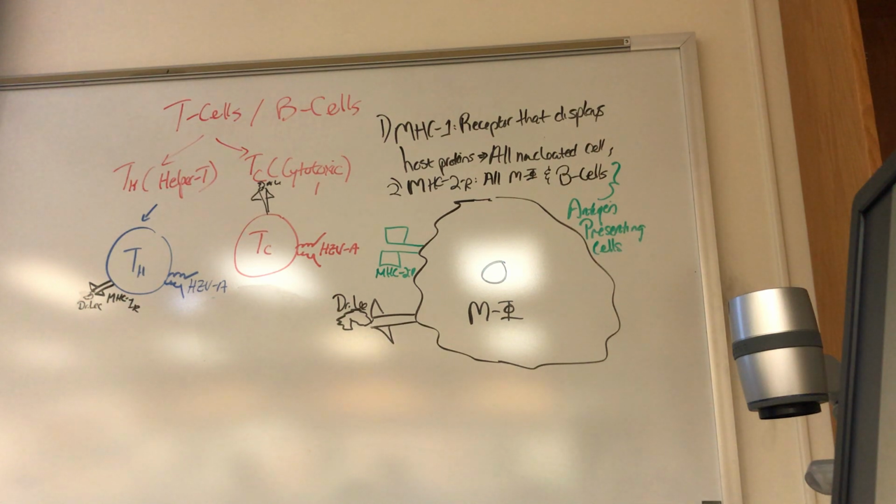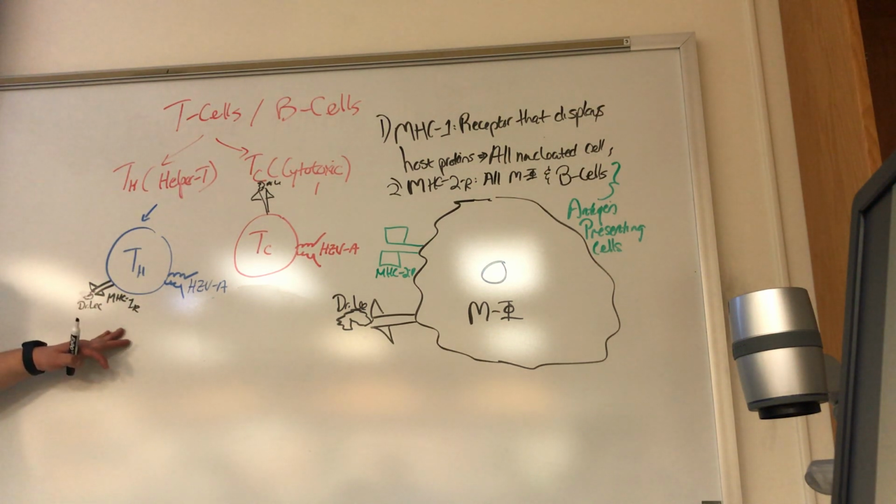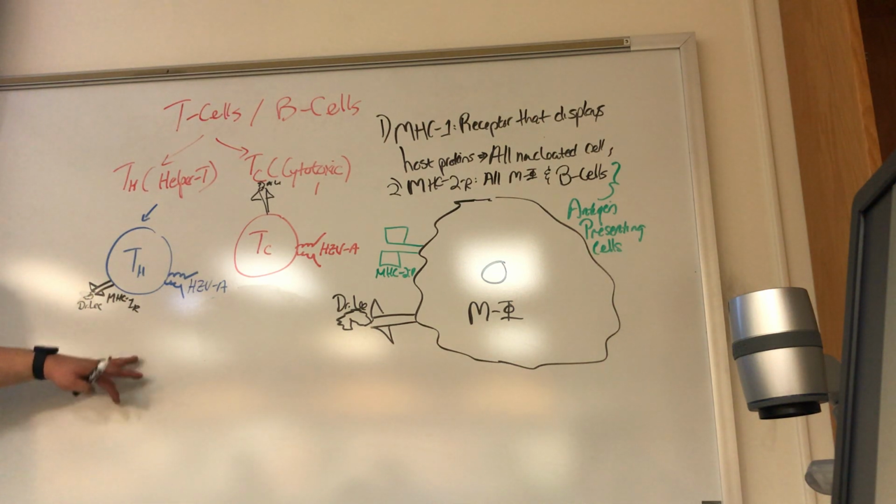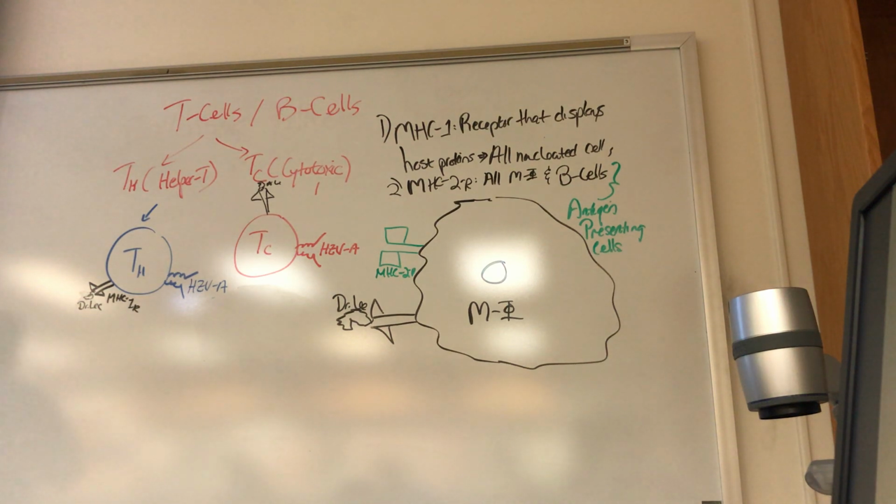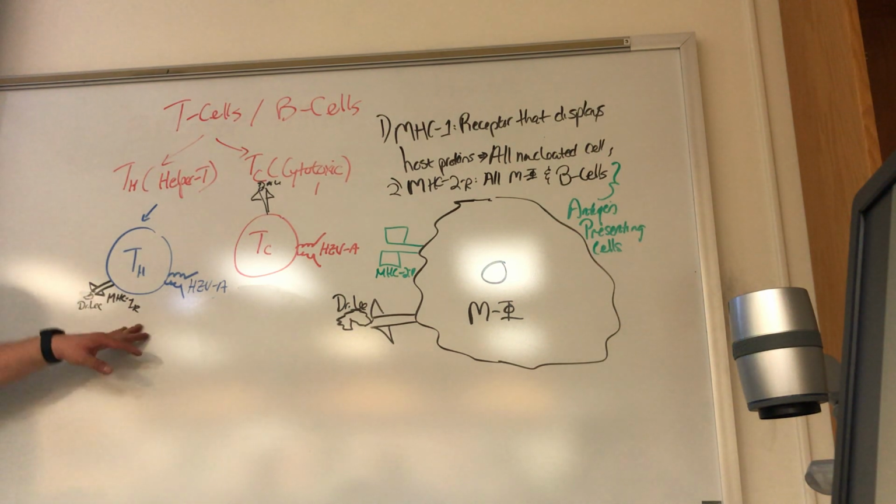We only find it on them because they're the only ones that will present an antigen. What we're going to see is, for us to activate this helper T cell, the helper T cell cannot just bind to a virus. Can't do that, right? Not to activate it. What it needs, in order to get active, is for that epitope to be displayed. So let's say you have a virus right next to this helper T cell.